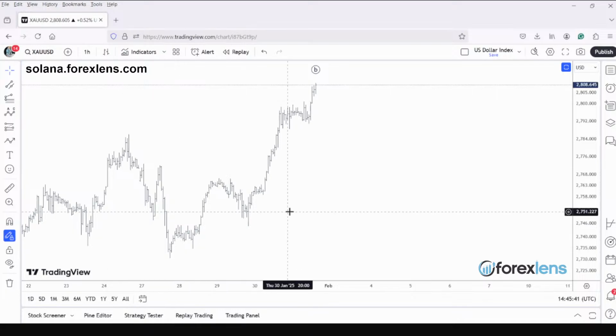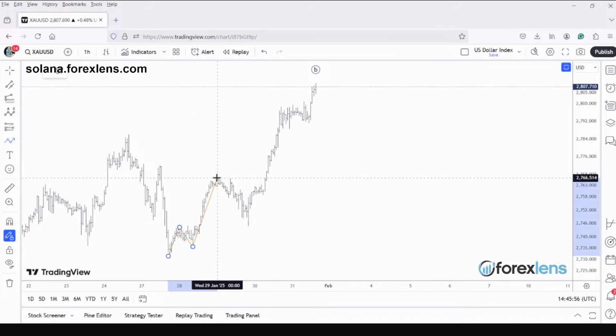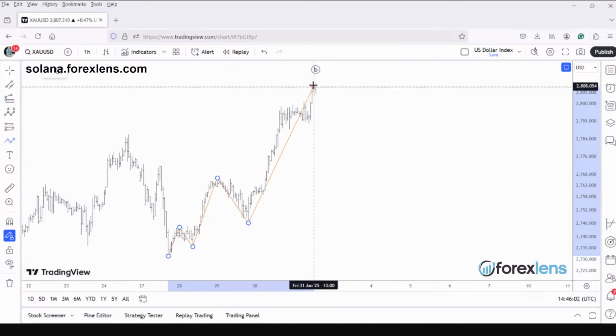Now, if you look at the story here, let me bring up the arrow. So we've got wave one, two, and three. This is one way to count, and four, and that is an extended wave five.